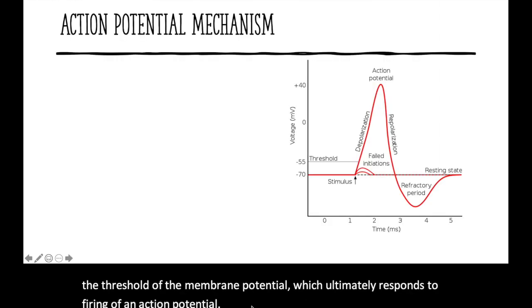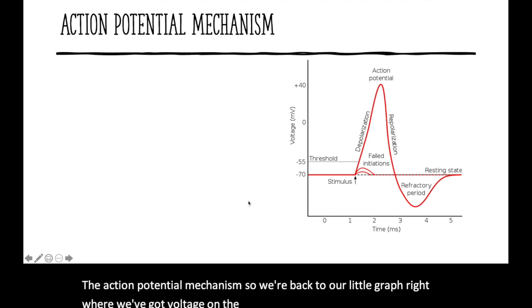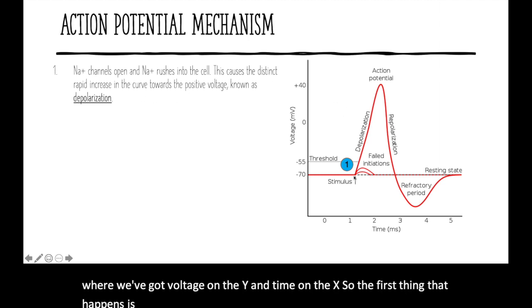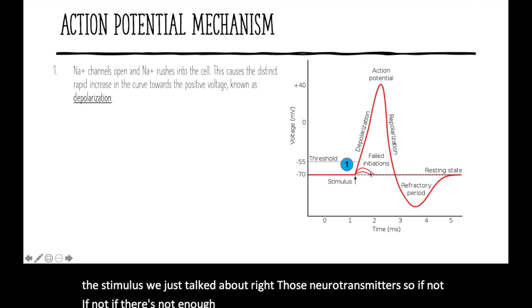The action potential mechanism. So we're back to our little graph, where we've got voltage on the y and time on the x. The first thing that happens is sodium channels open. You have a stimulus, the one we just talked about, those neurotransmitters. If there's not enough neurotransmitter, it just fails.